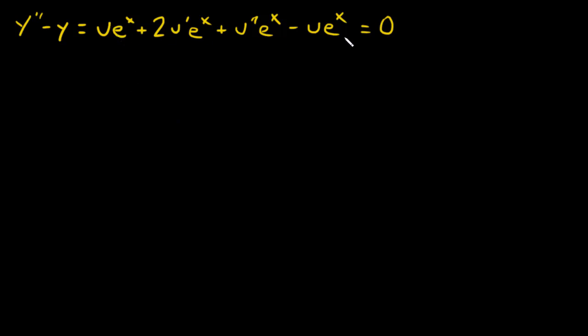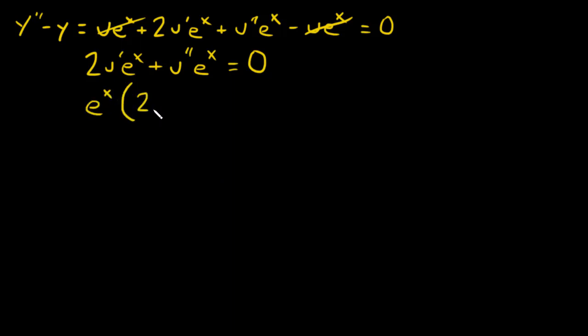Well, I've got a u e to the x and a minus u e to the x, so those are going to cancel. And I'm going to be left with 2 u prime e to the x plus u double prime e to the x equals 0. Okay, I'm going to factor out e to the x, so e to the x times 2 u prime plus u double prime equals 0.